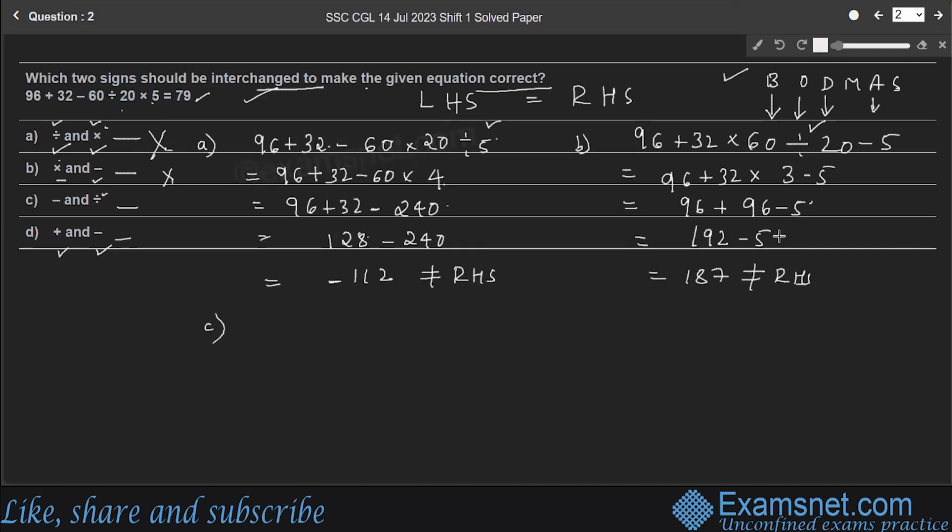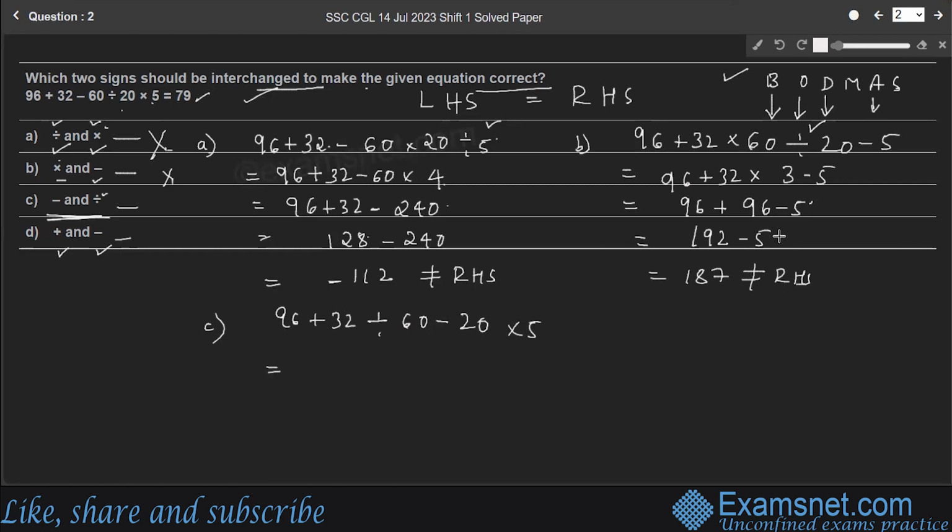Consider option C. If we interchange minus and division signs, 96 plus 32 minus 60 becomes divided by 60, divided by 20 becomes minus 20 into 5.